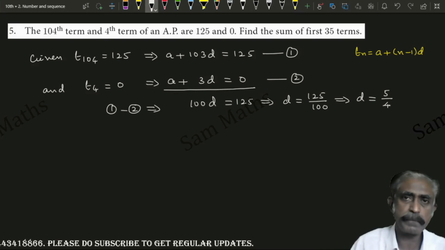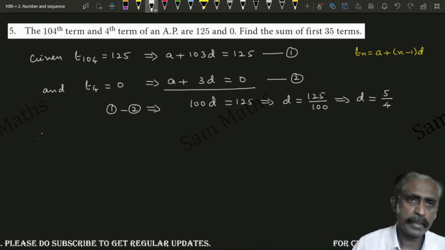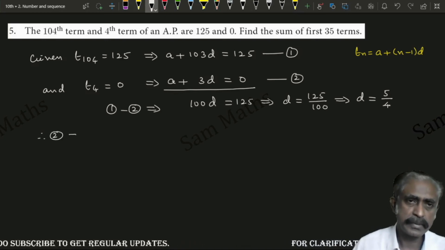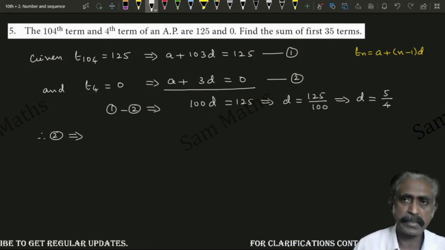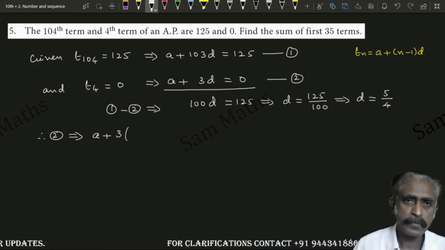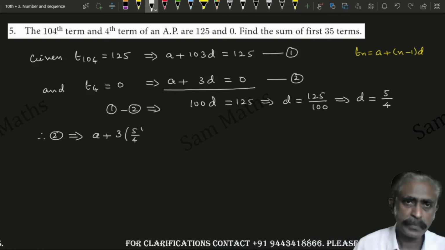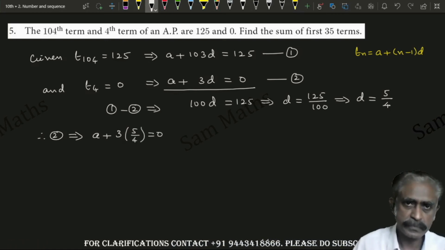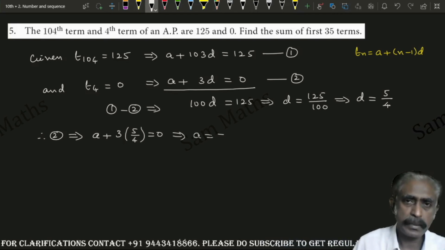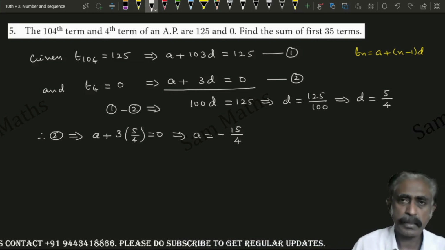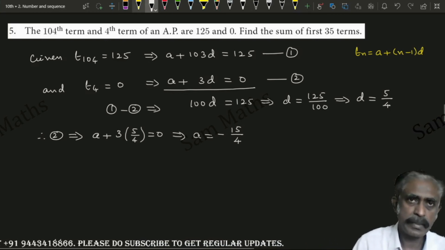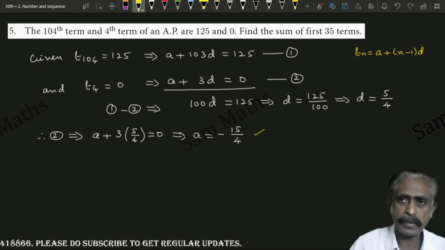This is D value. Therefore, you substitute this value in the second equation. A plus 3 into 5 by 4 equal to 0, which implies A is equal to minus 15 by 4. Clear, children? I obtained A value and D value.